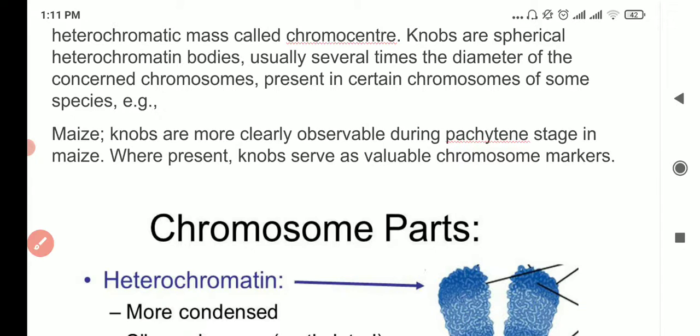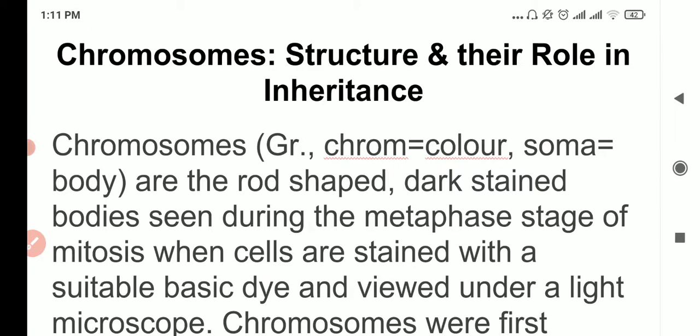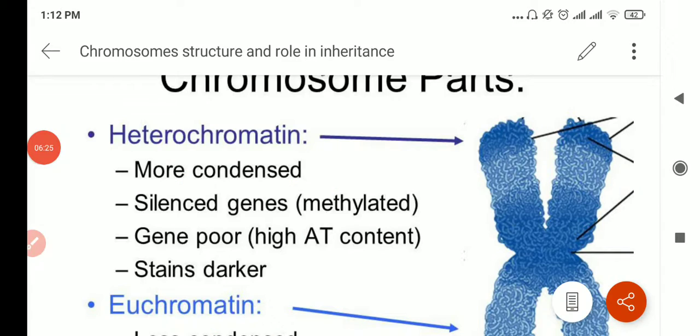Okay. So looking at this diagram, this is your heterochromatin. I don't know if it's clear. Should I zoom in? Let me pause. Okay, looking at the heterochromatin, you will see they are more stained. This is dark blue, this is light blue. They are more condensed.